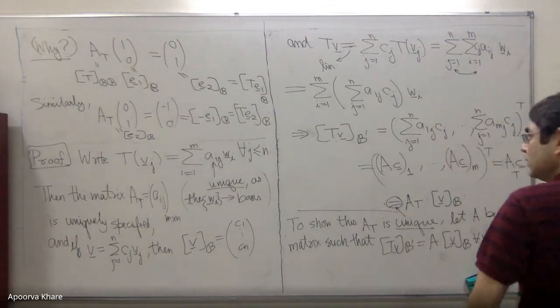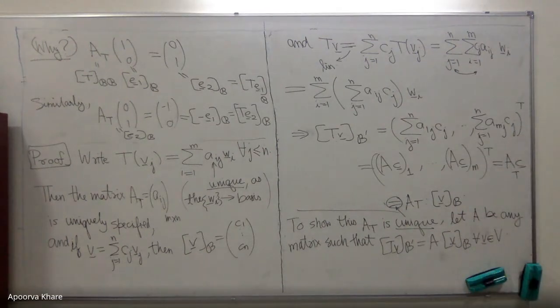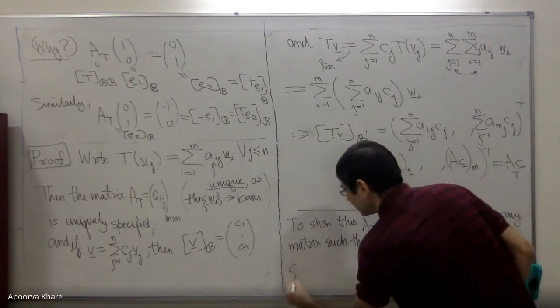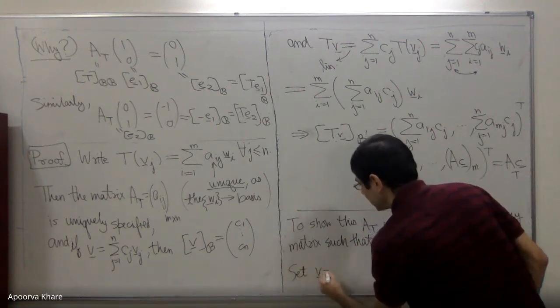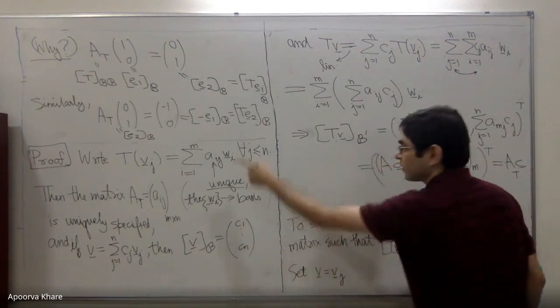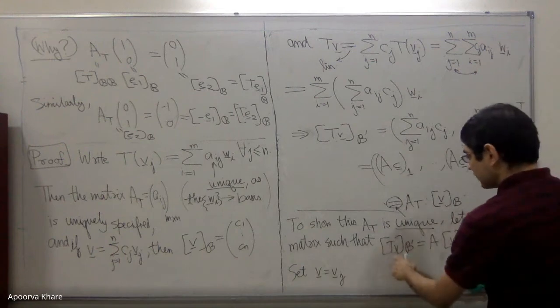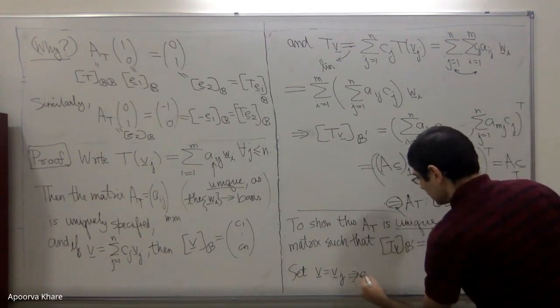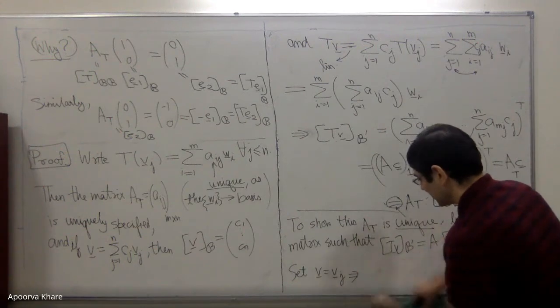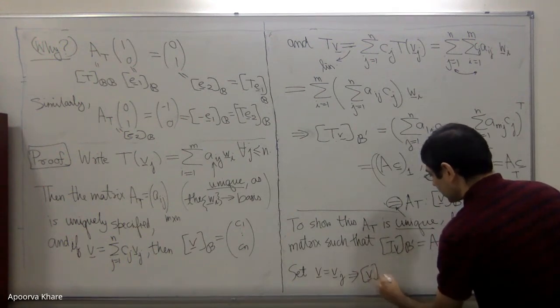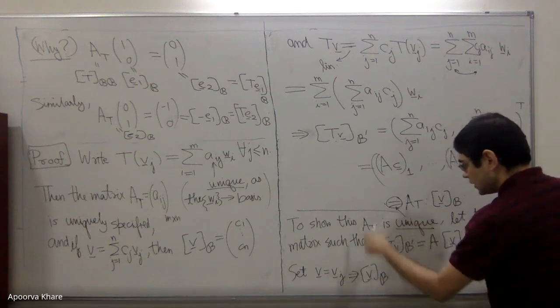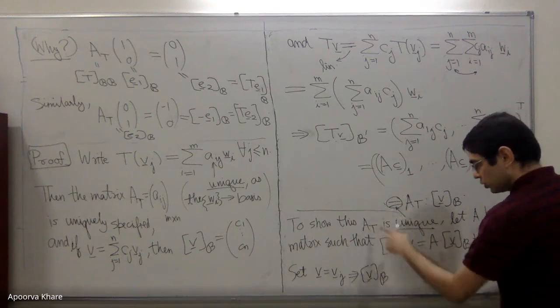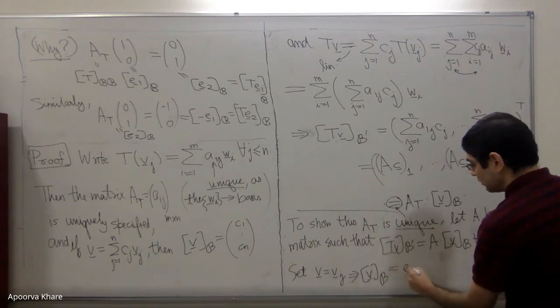Okay, so what do you do then? Well, it's very simple. As I said, set B equals Vj from above. Then what is this Vb? It is exactly Ej. Sorry, Vb equals Ej. The coordinate vector of Vj is literally 0 times E1 plus 0 times E2 and so on, plus 1 times Ej.